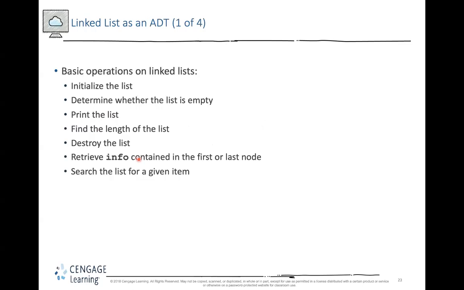Now let's look at a linked list as an ADT, abstract data type. We talk about ADT a lot because it is the public interface of some module, a piece of code, and that code may use a data structure to implement that ADT.